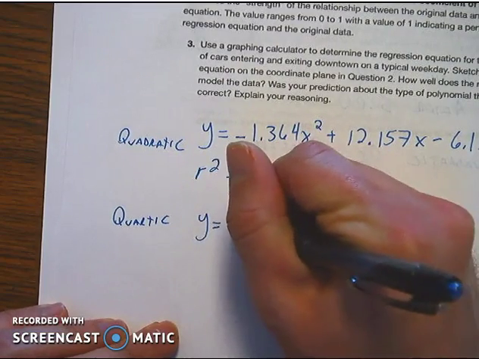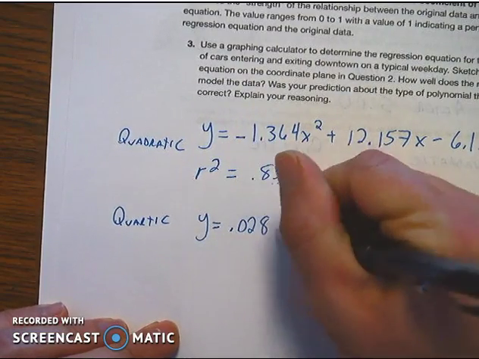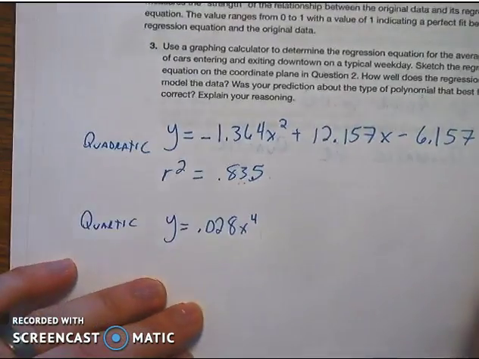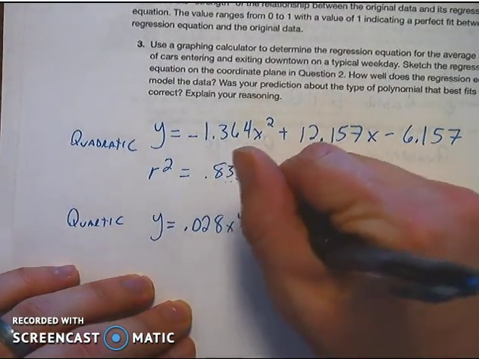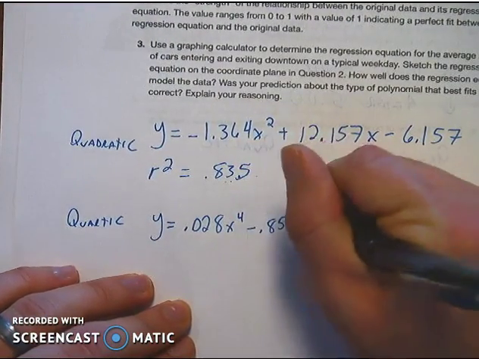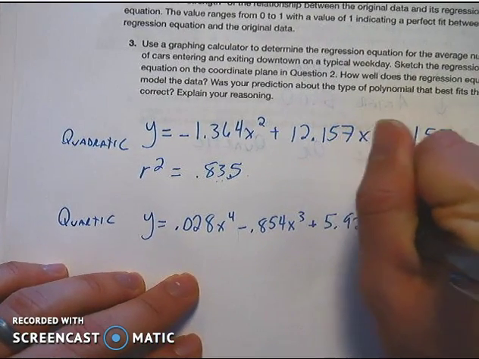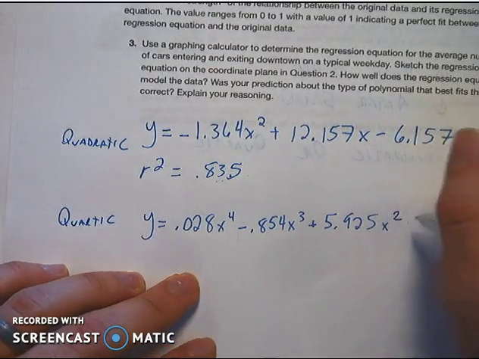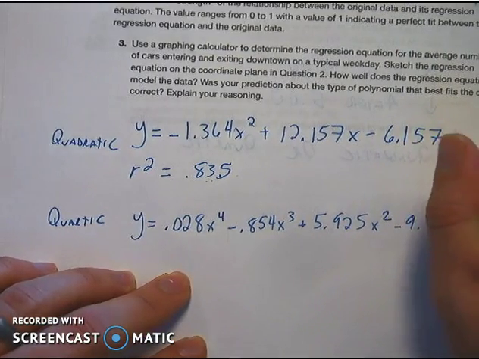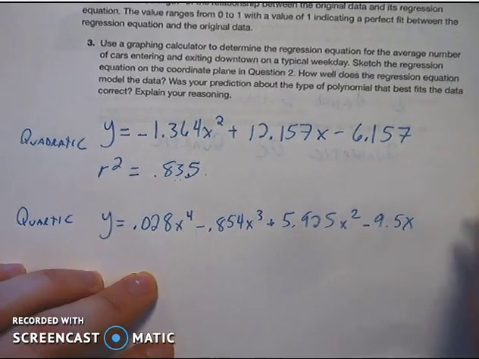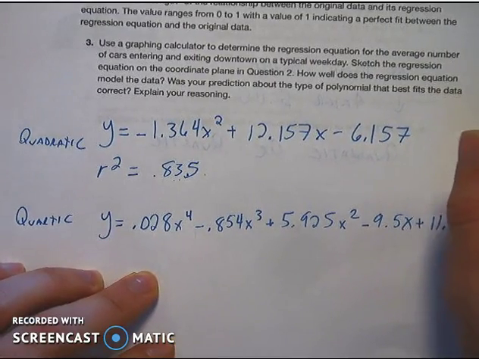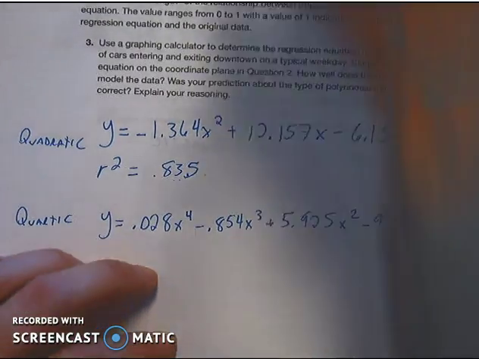It's going to be y equals 0.028 x to the 4th, because it's quadratic, minus 0.854 x to the 3rd, plus 5.925 x squared, minus 9.5x, plus 11.614. That's what the calculator told me.